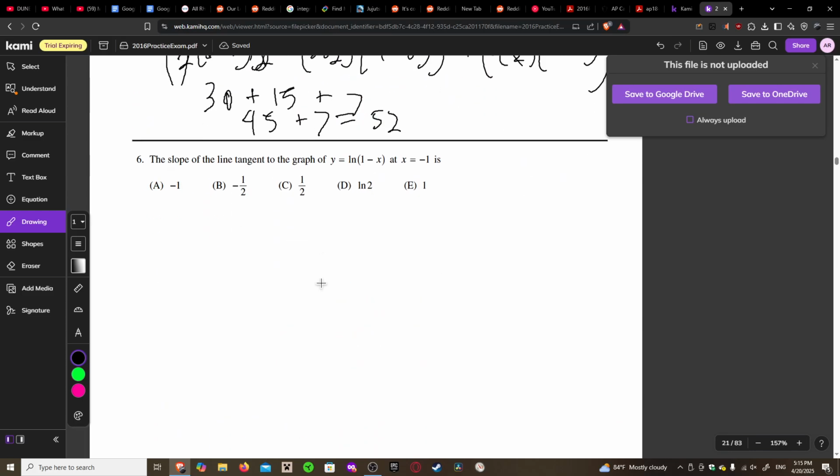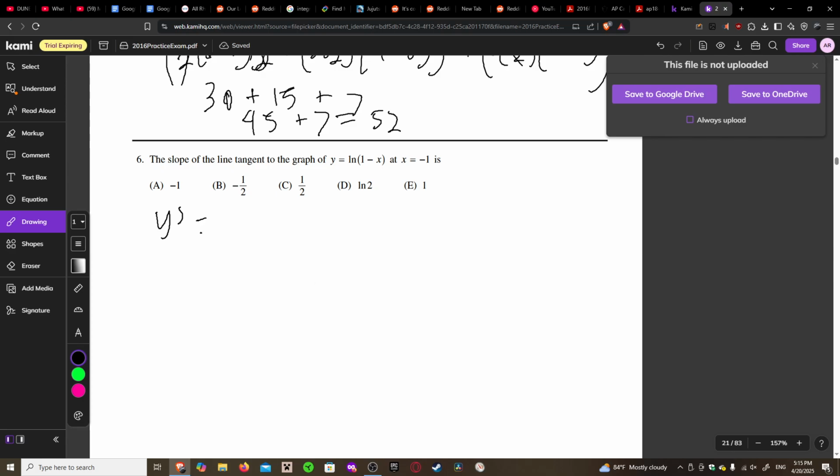The slope of the line tangent to the graph of y equals ln of 1 minus x at x equals -1 is, if I had to guess, actually I don't need to do that. The slope of the line tangent is just asking for y prime of -1.